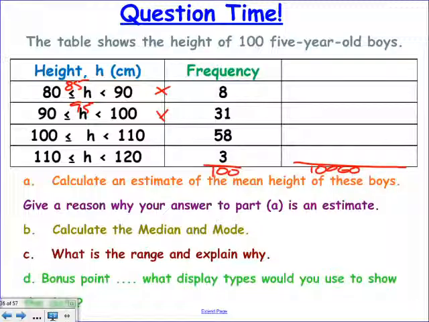Okay, 10060. So in order to get the mean, what do I have to do? Good. So 10060 divided by 100 people that I asked gives me 100.6. It's not years, is it? It's heights. So the mean height of all this data is 100.6 centimetres. You happy with that? Everyone get that?